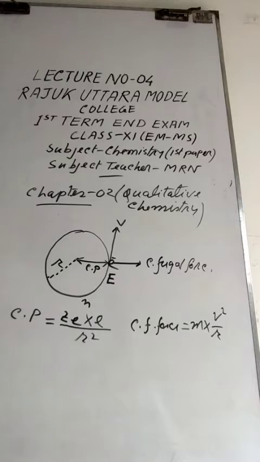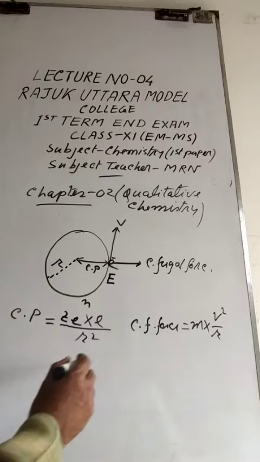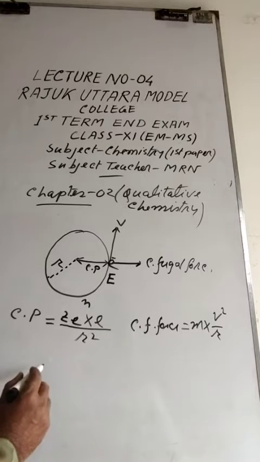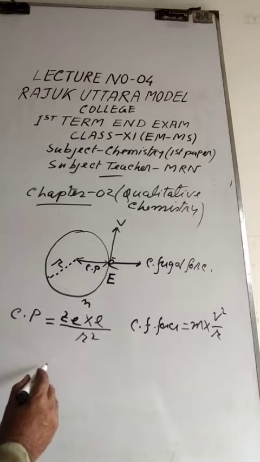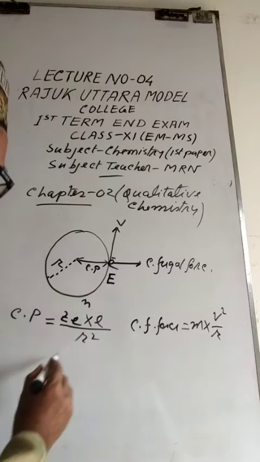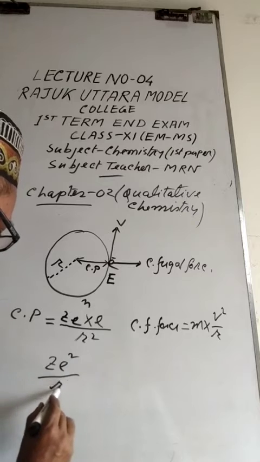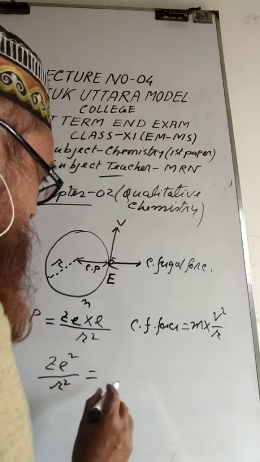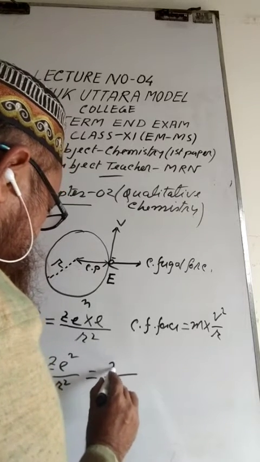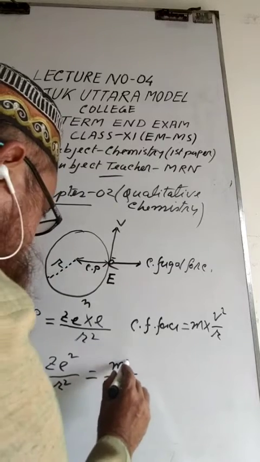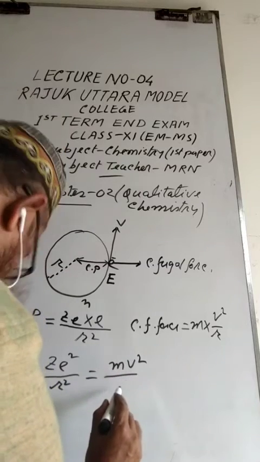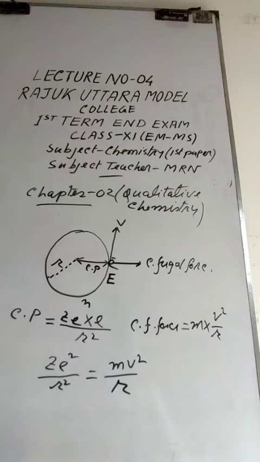And for the stability of the atom, we know centripetal force equals centrifugal force. So we can write from this one Z square by R square equals mv square by r.